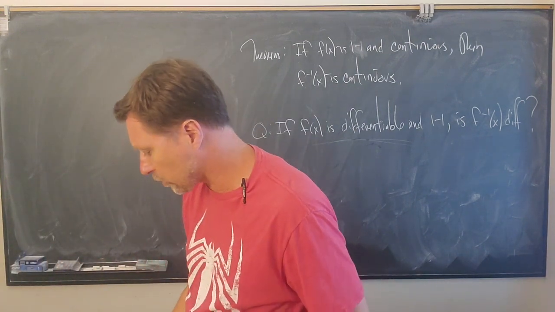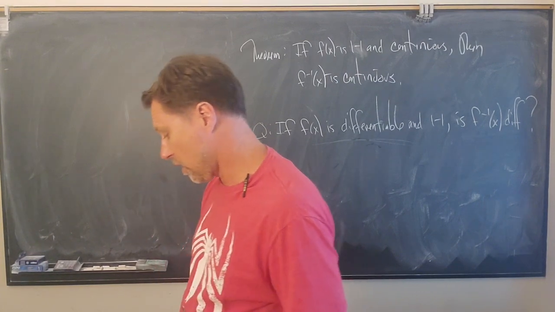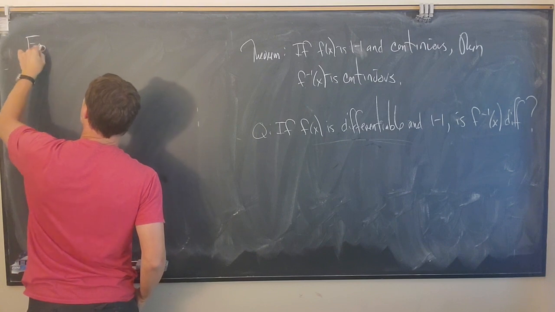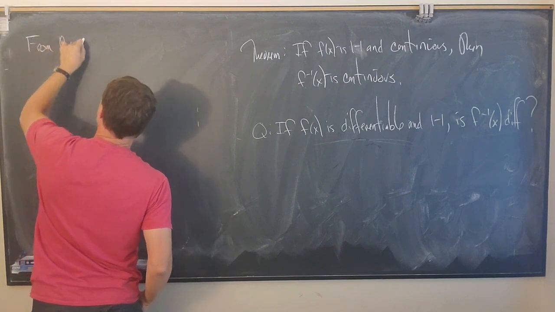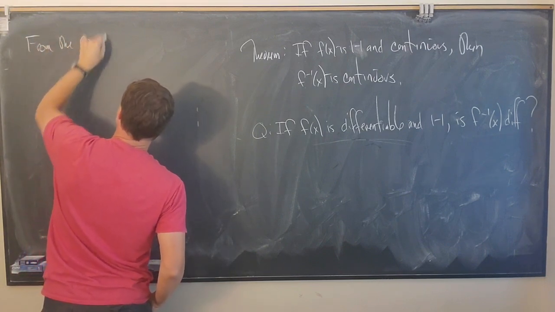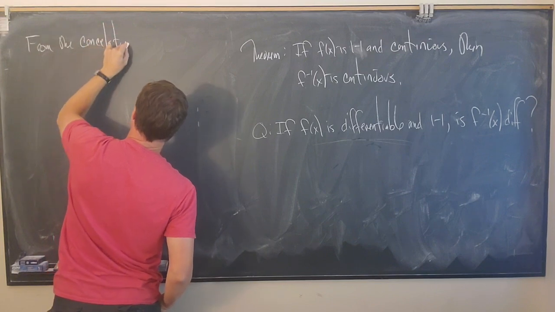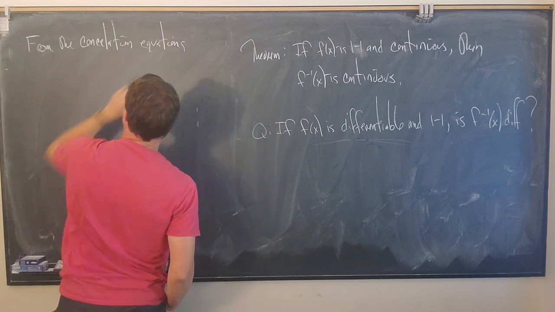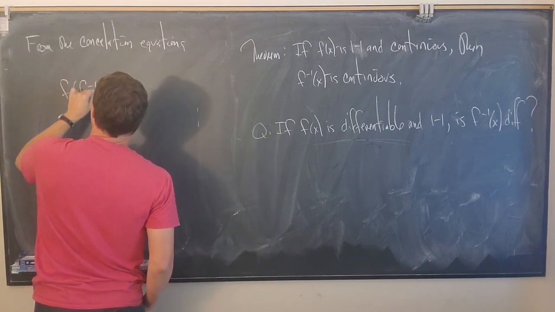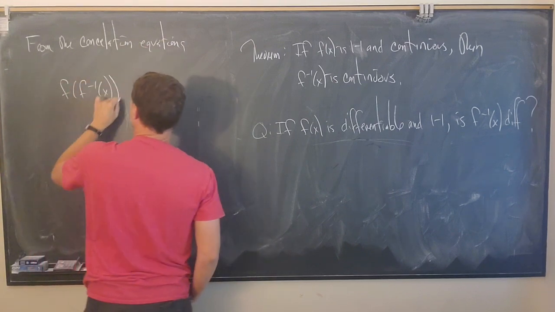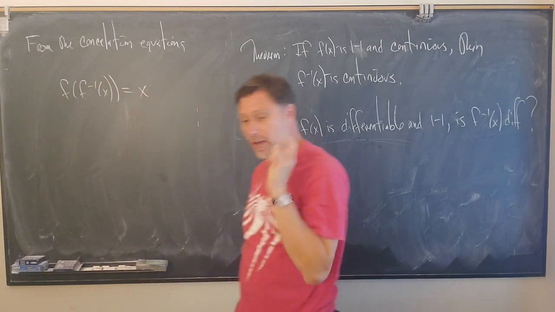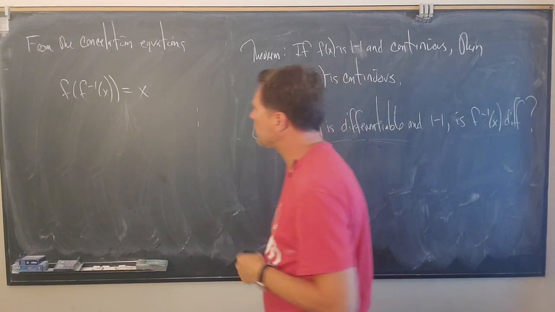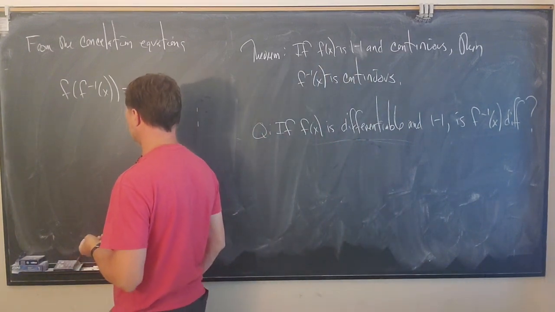So what we're going to do is find a formula for the inverse function. Let's start with the cancellation equation. From the cancellation equations, what we have is f of f inverse of x is equal to x. My goal is to find a formula for the inverse function, and so what I want to do is take the derivative of both sides.